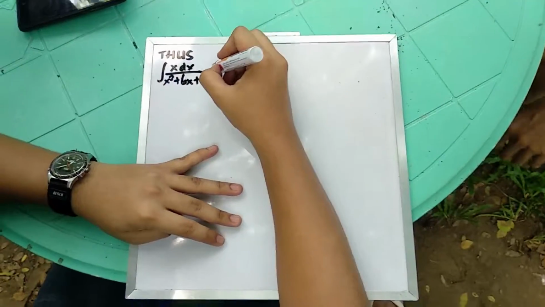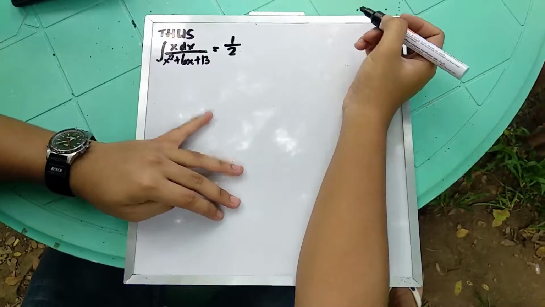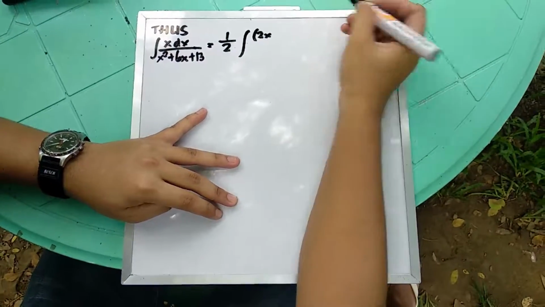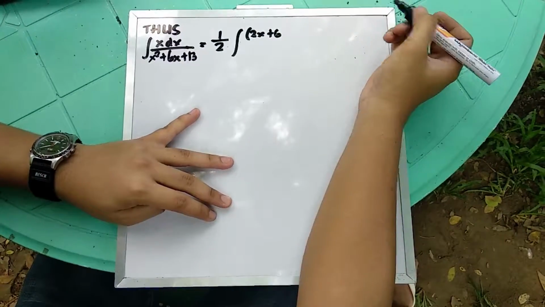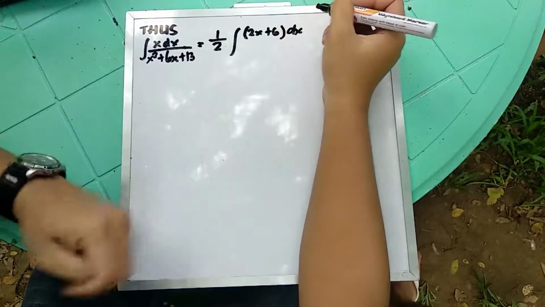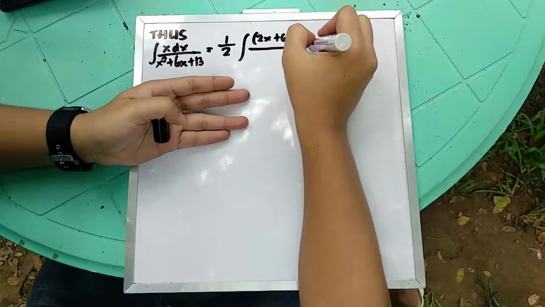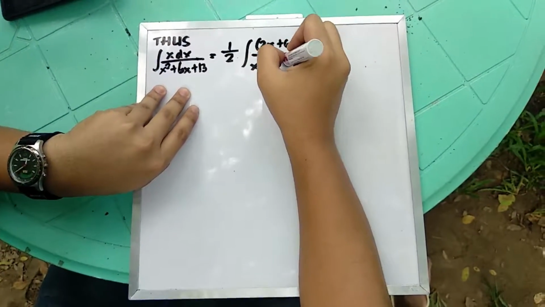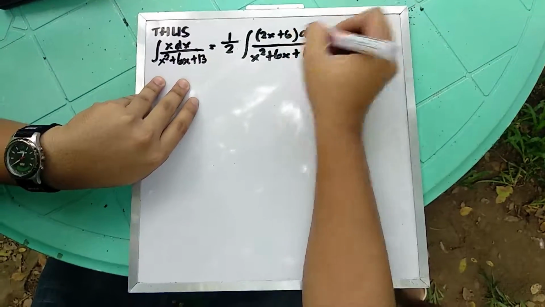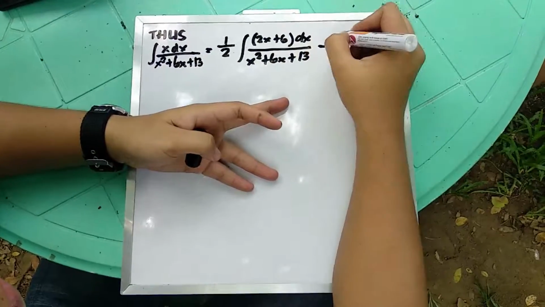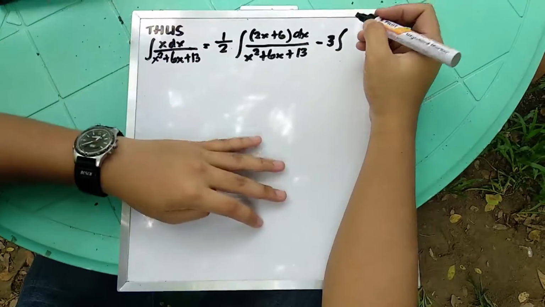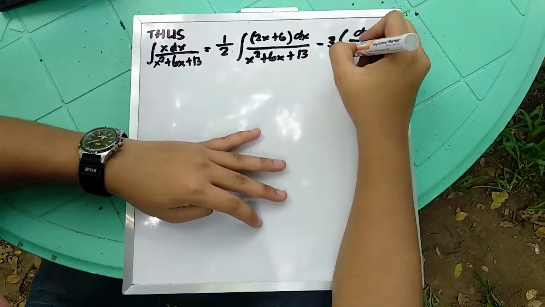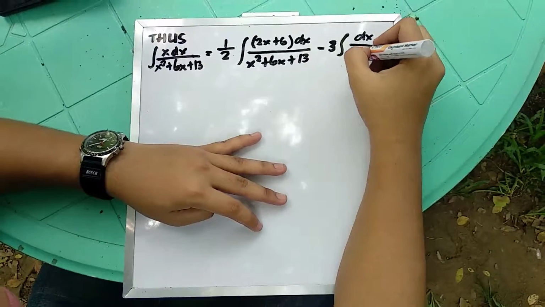Therefore, the integral of x dx over x squared plus 6x plus 13 is equal to 1/2 integral of (2x plus 6) dx over x squared plus 6x plus 13 minus 3 integral of dx over x squared plus 6x plus 13.